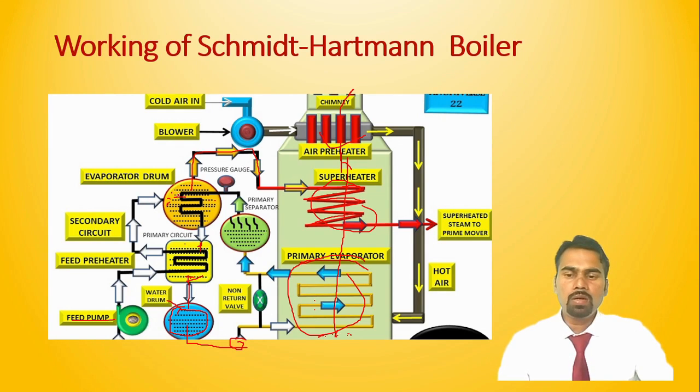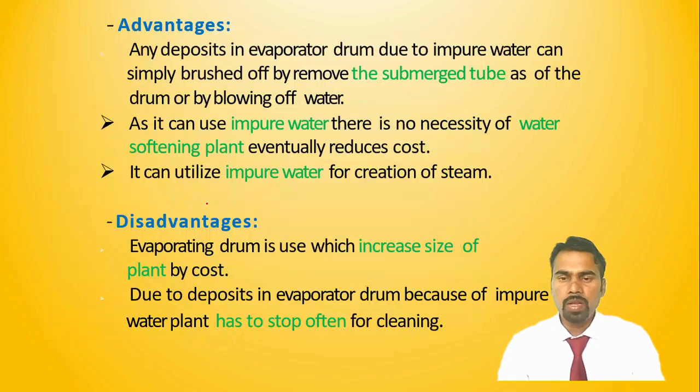Whatever sediments or impurities are present in that water can be easily removed by taking this tube outside of the evaporator drum. Means it is very easy to remove the scale formation or sludge formation on this tube, so for maintenance purposes it is very easy.